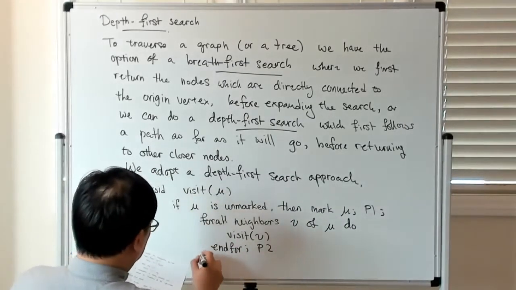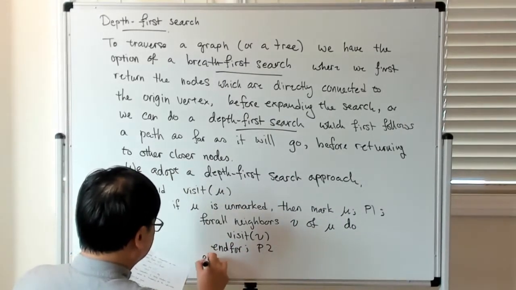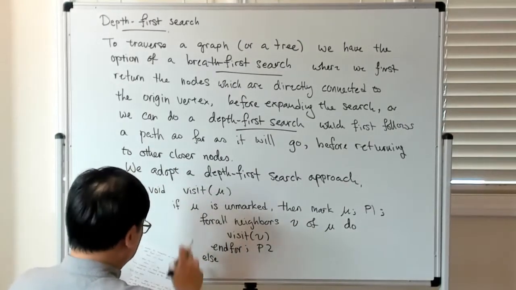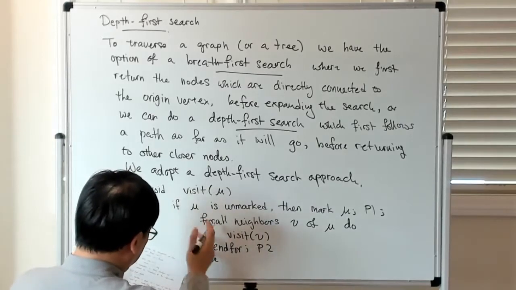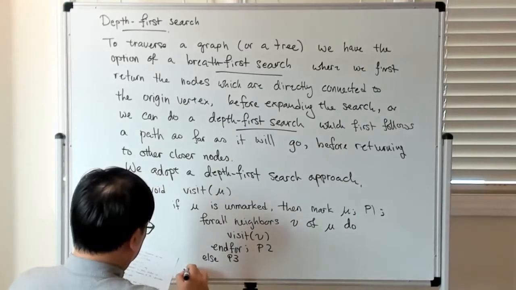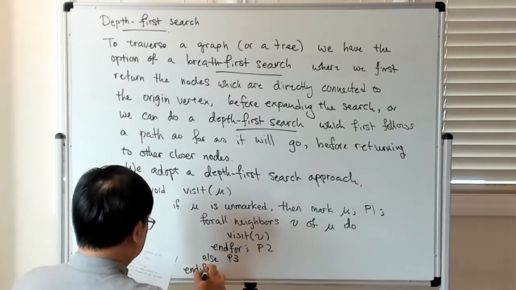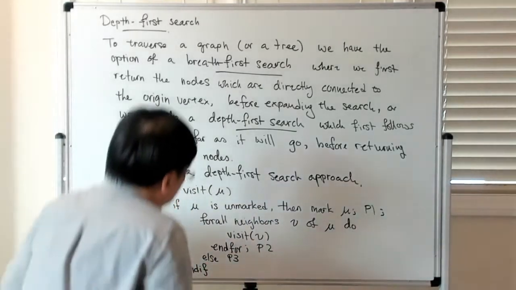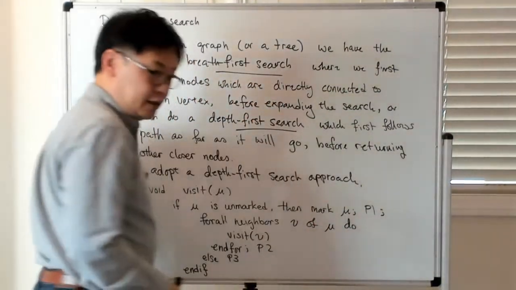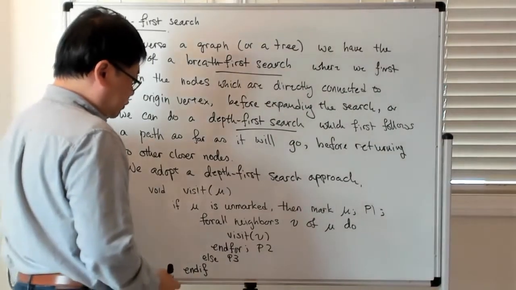Else, if the triangle, or the vertex or the node, has already been marked, you do P3, and then you end this if statement. So that's the general structure, and you'll see it in the algorithms which we'll actually do.